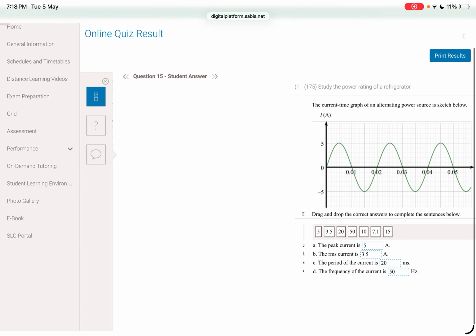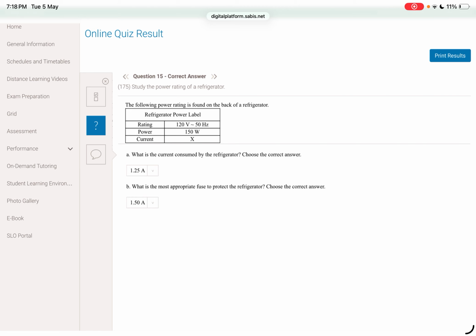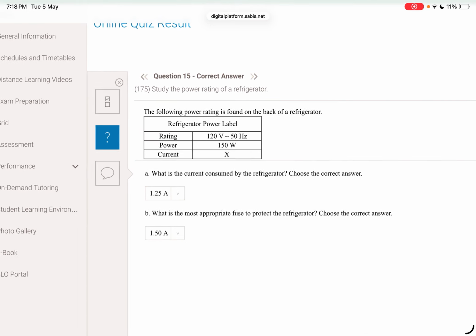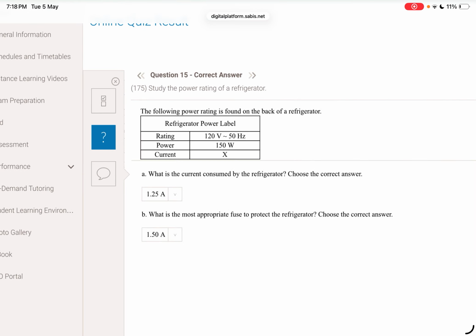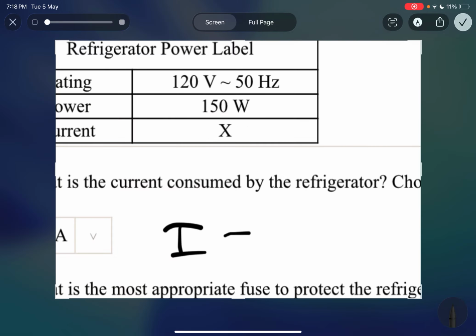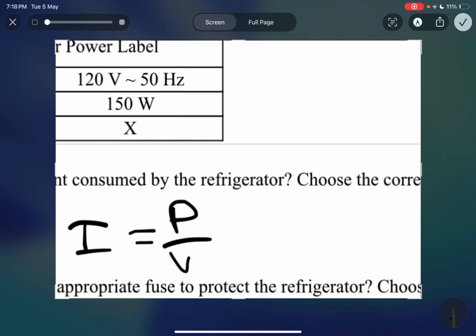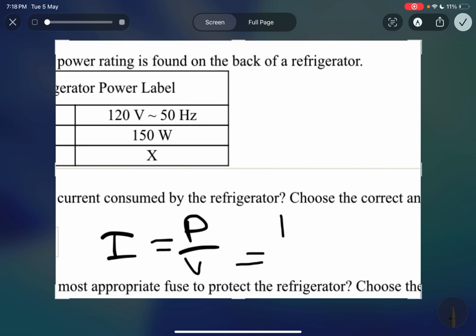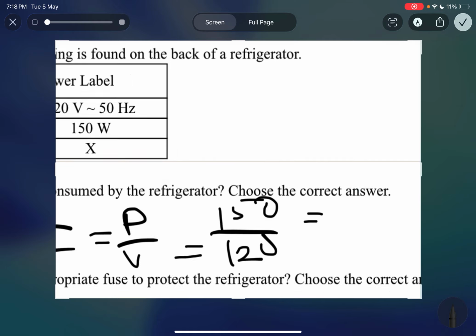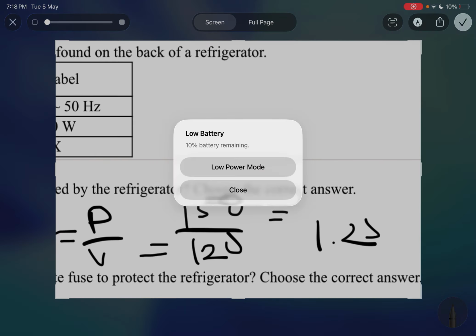Moving on to question number 15. Here, they gave us the power rating found on the back of the refrigerator. They said the rating is 150 volt and 50 hertz. The power is 150 watts and the current is X. They want us to find the current. To find the current, which is I, basically I is equal to P over V. So P is 150 and V is 120, and this will be equal to 1.25.